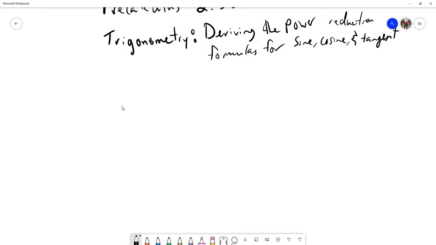So in the previous videos, we learned about the double angle identities for sine, cosine, and tangent, and in particular, we learned that cosine actually had three variations. We learned that cosine of 2 alpha, for example, was equal to cosine squared alpha minus sine squared alpha.